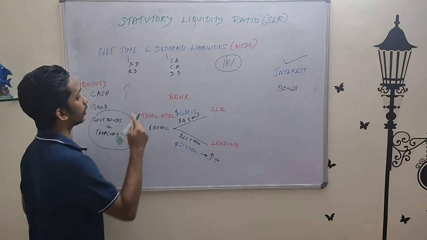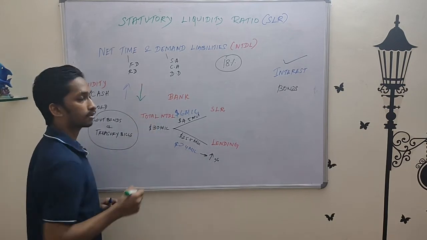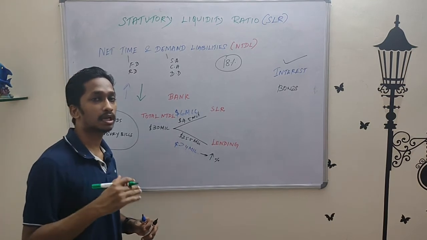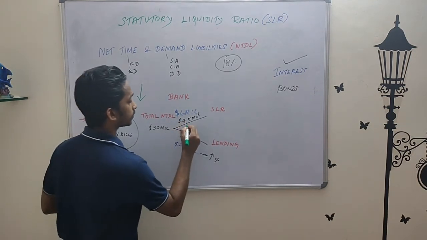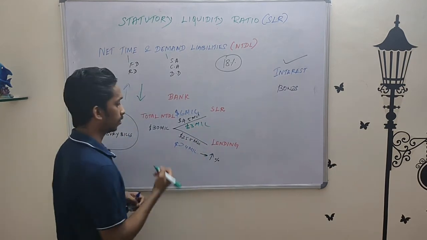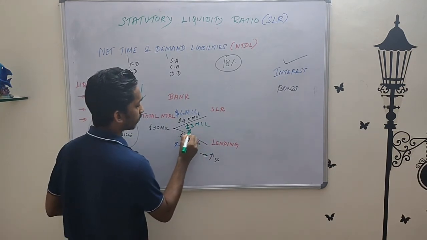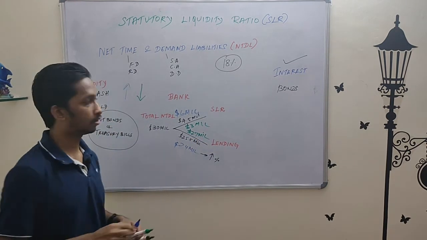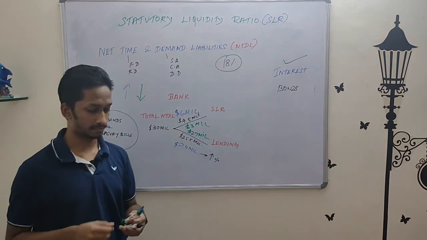So how about when SLR is reduced? From 15%, what if SLR becomes 10%? So this becomes 3 million, right? So how much does the bank have remaining for spending? 27 million. 30 minus 3 is 27 million.